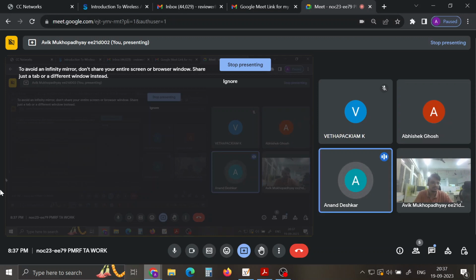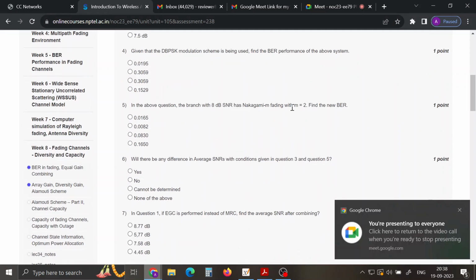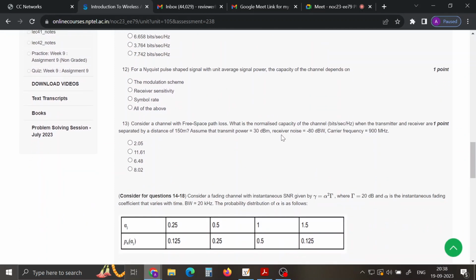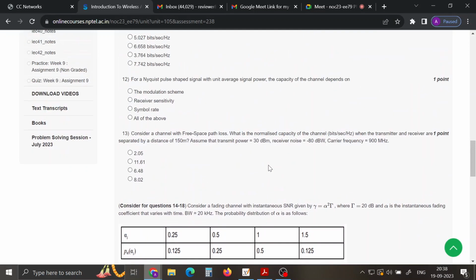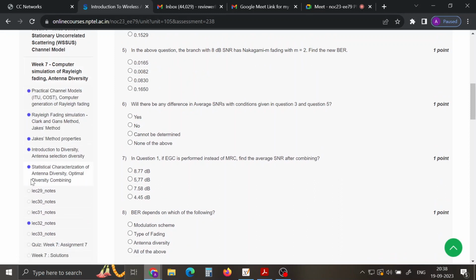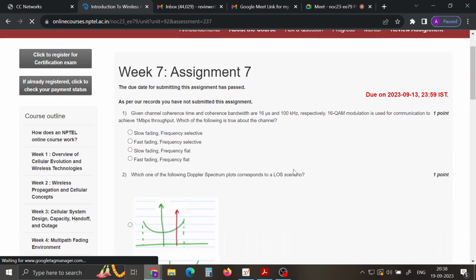If you take diversity 2, then MRC SNR is coming out to be 2 gamma, SNR of co-phasing comes out to be 0.78 gamma, and SNR of SC comes out to be 1.5 gamma. So MRC, then SC, and then co-phasing.